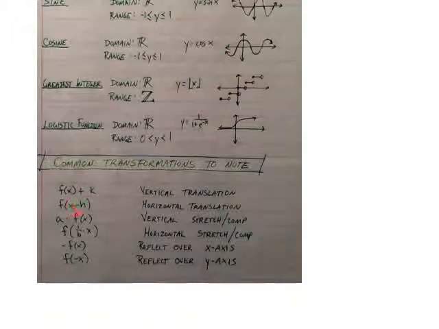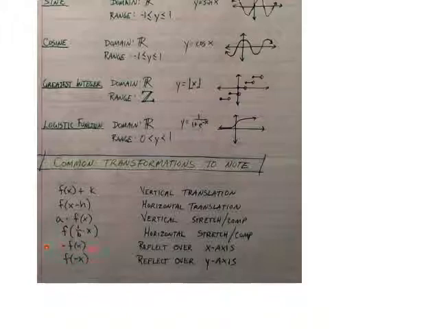If we replace x with x minus h, that's a horizontal translation. If we multiply the function by a value, that's a vertical stretch or compression. If we multiply just the x by a value, that is a horizontal stretch or compression. And I'll get into the details of why it's 1 over b later on.